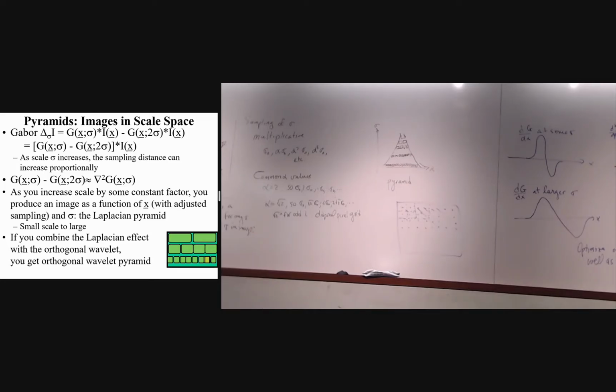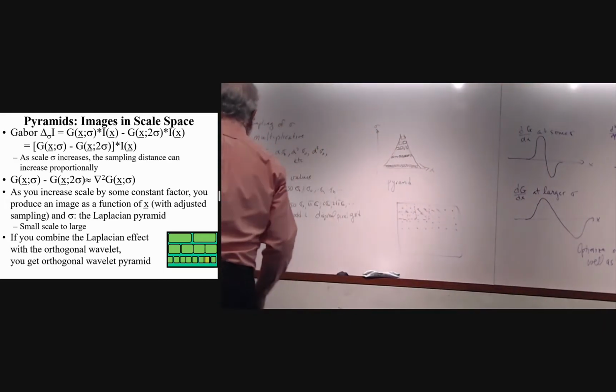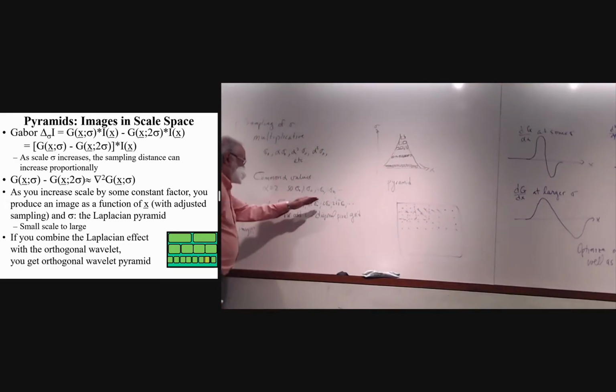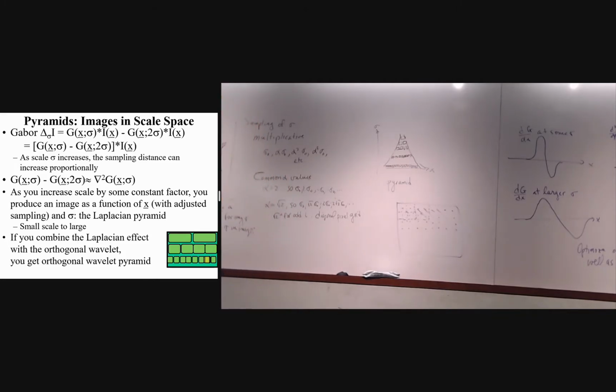You want to get successively larger sigmas of 2, 4, 8, whatever, with alpha equals 2 or root 2 squared, root 2 cubed, and so on, with the root 2 rule, alpha.